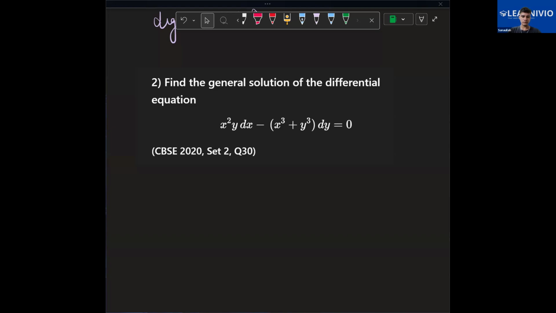Which method have we used? Which differential equation do we have? Homogeneous. Homogeneous is right.